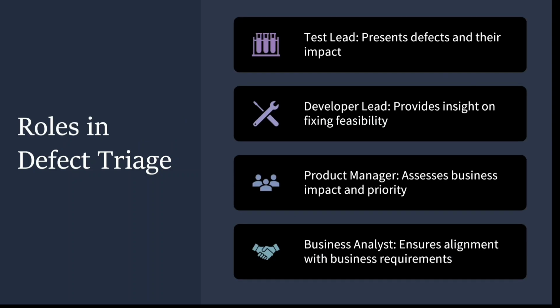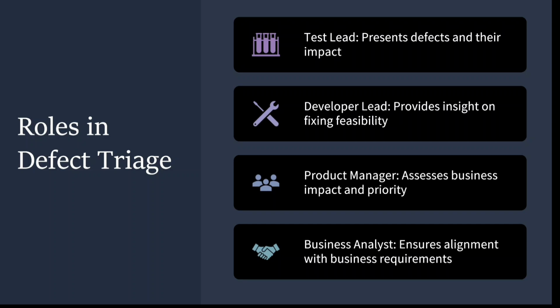Some roles are there in defect triage. First, the test lead needs to be present while we are creating the documentation, or it needs to be reviewed by the test lead, because without the test lead we cannot know which defect is most crucial, or needs to be taken for this release. It is proper information that needs to be passed from a level 3 tester to our test lead.